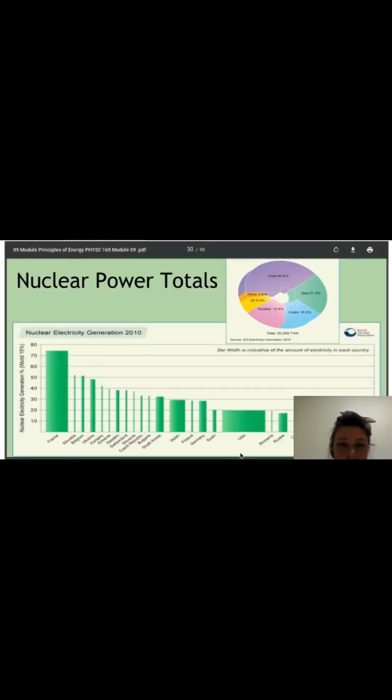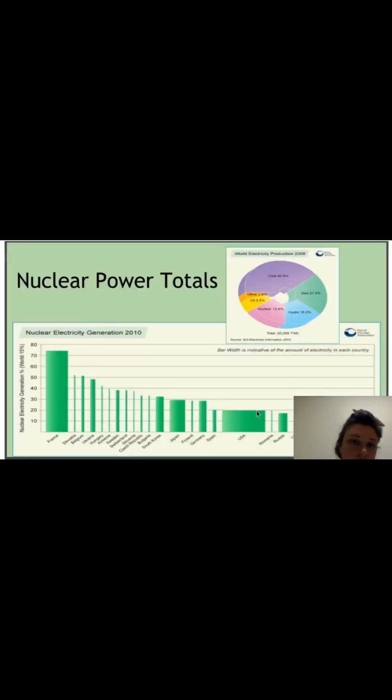We have 104, so we got a really big wide bubble, but it only provides about 20% of our energy needs, as you can see, where France, I believe they have 56, it's on one of the slides. They have like 56 power plants, and it provides over 75% of their electrical energy needs.